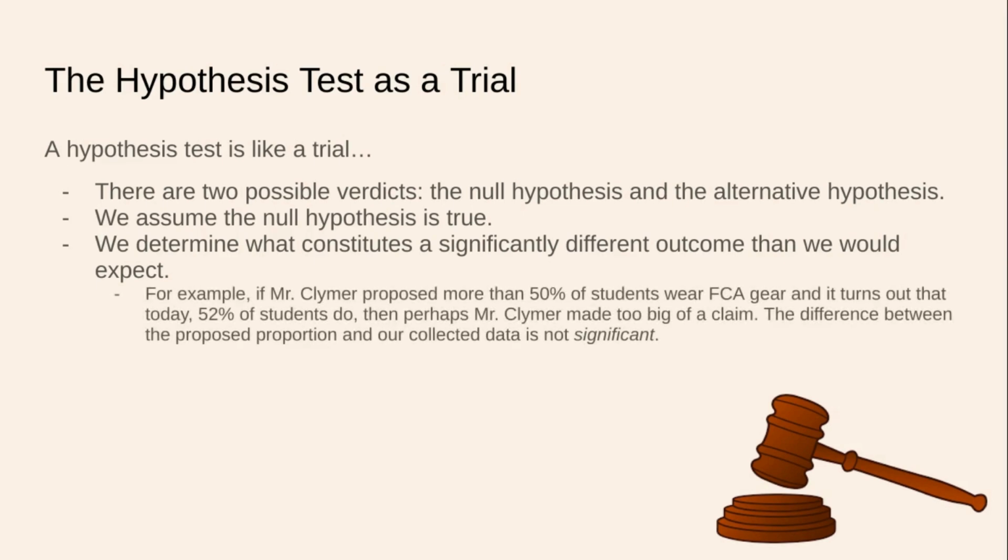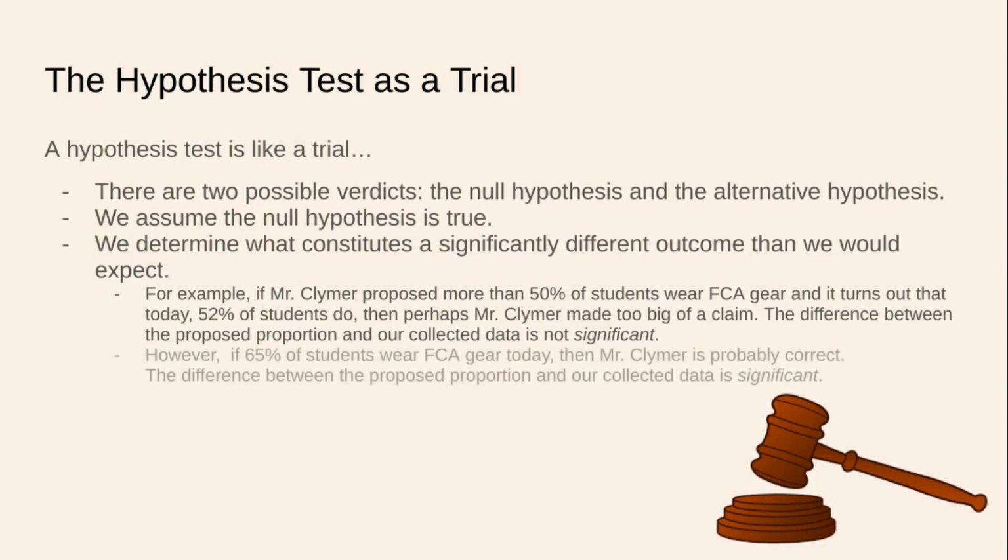For example, if Mr. Clymer proposed more than 50% of students wear FCA gear and it turns out that today 52% of students do, then perhaps Mr. Clymer made too big of a claim. The difference between the proposed proportion and our collected data is not significant.